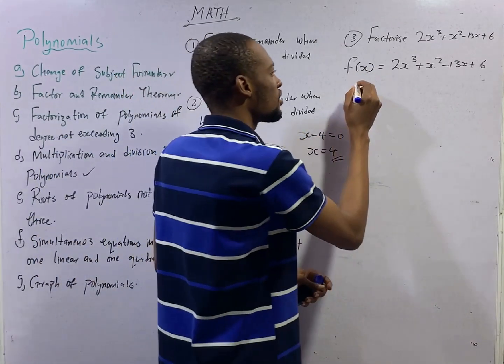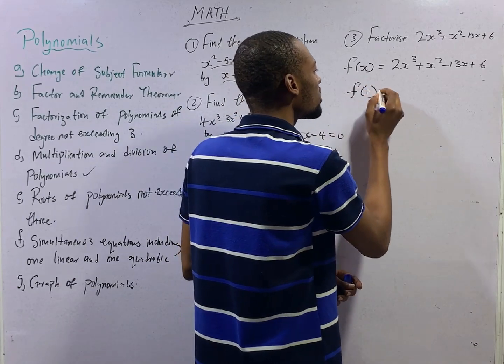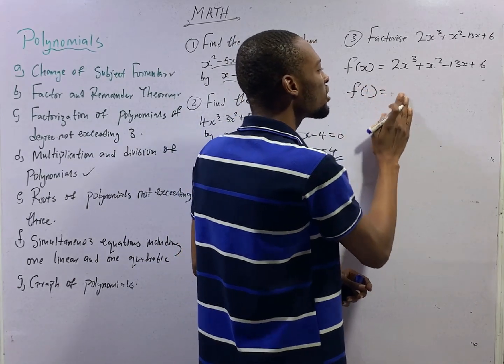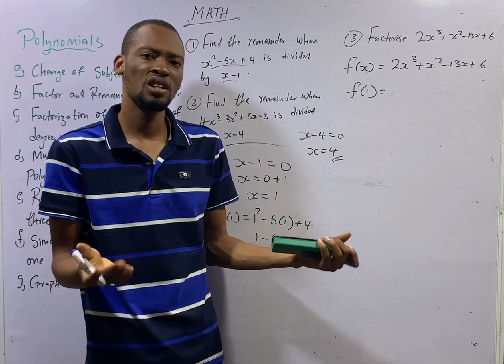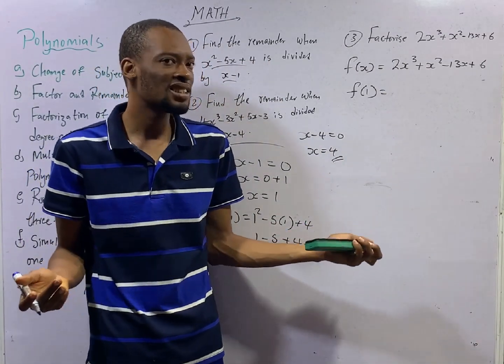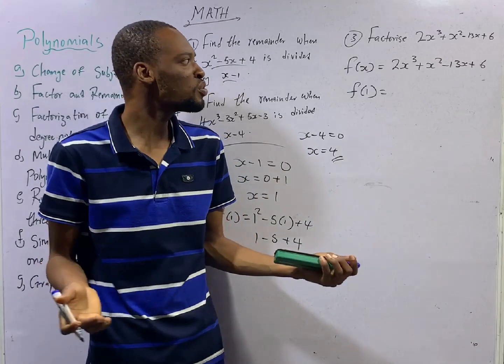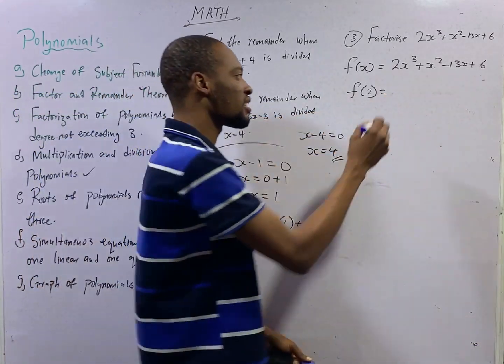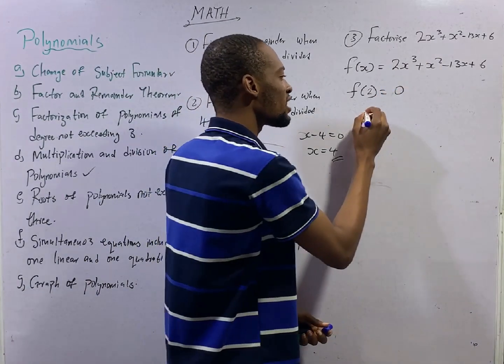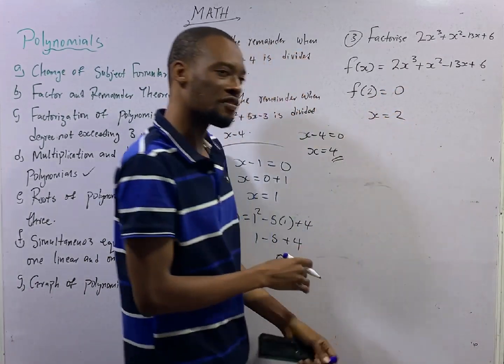If you put function of 1, anywhere you see s you put 1. If you don't get 0, it means 1 is not a factor. Try 2. If you try 2 and you get 0, it means 2 is a factor. You put 2 anywhere there is s here, you will get 0. So s equals 2 is a factor.